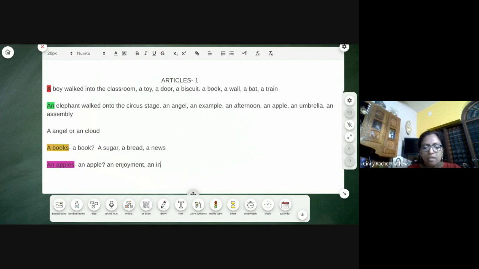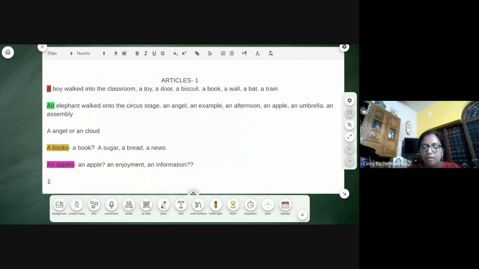Or an information? Can it be used in this way? An enjoyment, an information, etc. Now, so we see certain things that should be done and certain things that cannot be done.